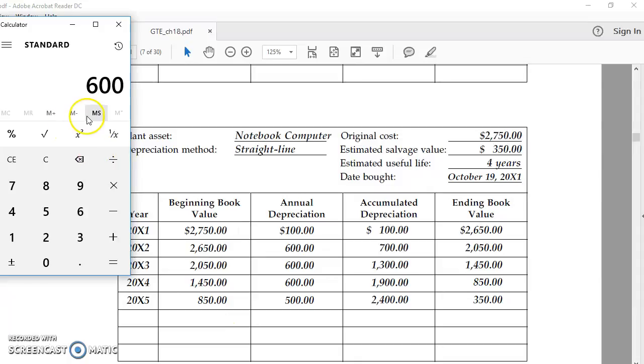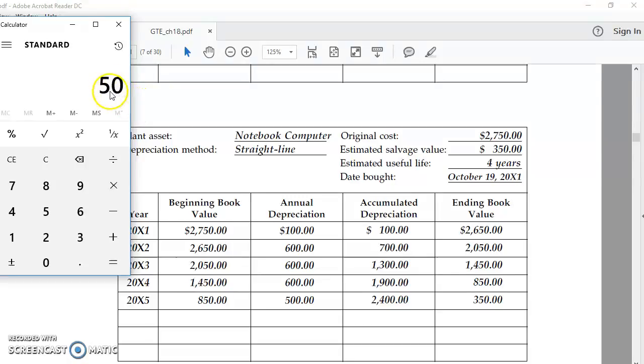That being said, you're going to take 600, divide it by 12. For 12 months out of a year, $50 every month is how much you're going to depreciate. Well, the first year you cannot depreciate for 12 months because you only are depreciating for November and December.